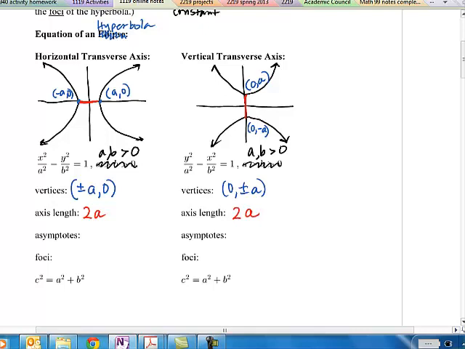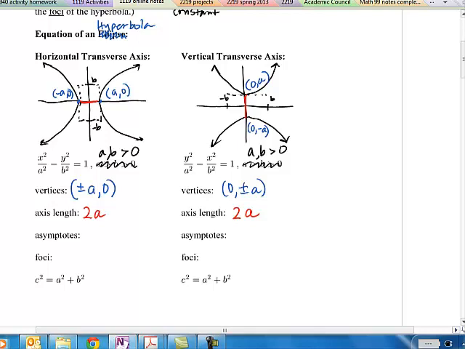The way we use b is not to actually create a point on the graph, but we measure b up and down on the y-axis in the first case, or on the x-axis in the second case. And then we create what's called the central box that we use to sketch the asymptotes of this graph.